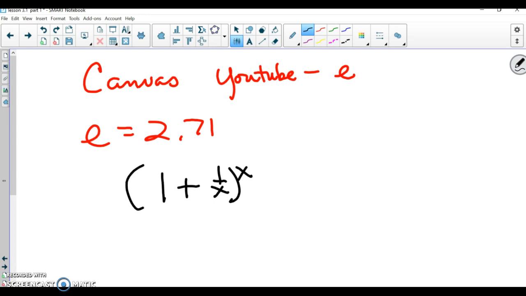If we plug this into our function editor and look at our table, you would see that as x got larger and larger, we got closer and closer to that value e, 2.7182818828, and on and on.